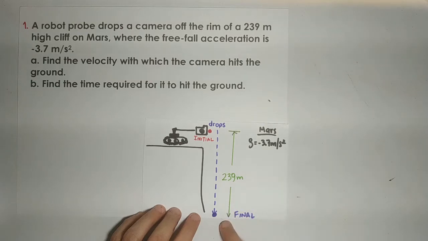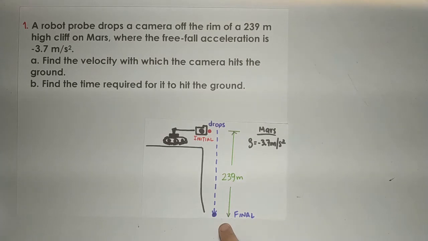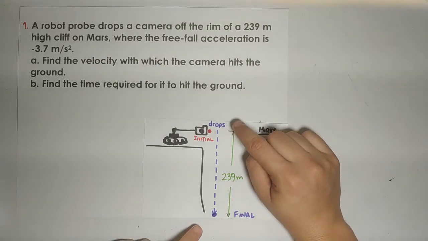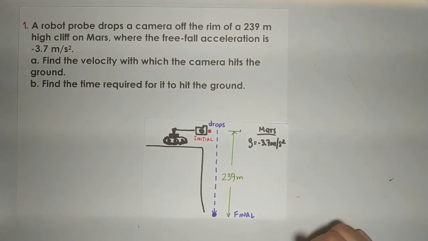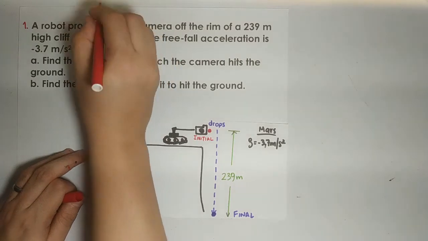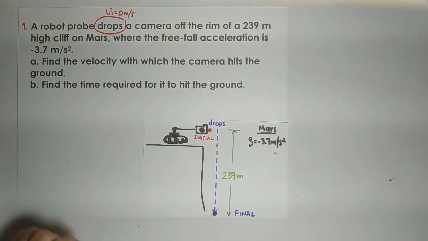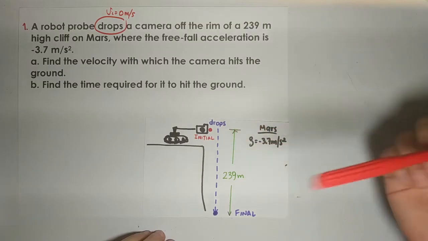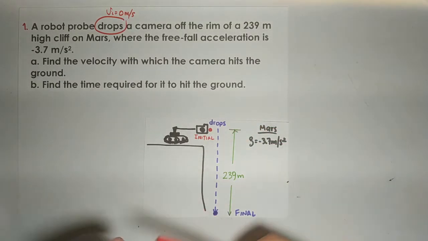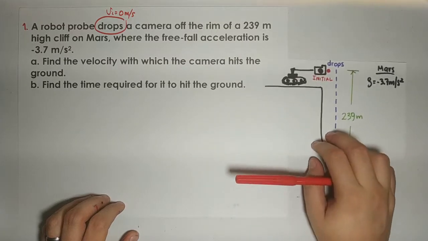So the final position will be 0 meters. Also when it says drops or falls, it's implicit that the initial velocity is 0 meters per second. It's like from rest, like we did before. So take a look. Words like drops or falls tell you that the initial velocity is 0 meters per second.